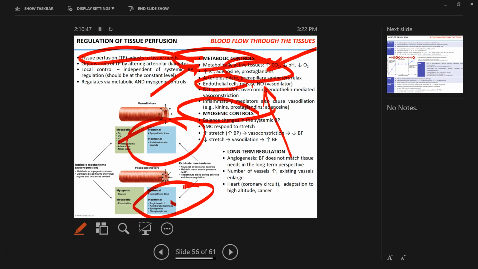So this actually leads us to a very interesting point about cancer. When a tumor grows, its core is often necrotic. Any idea why?